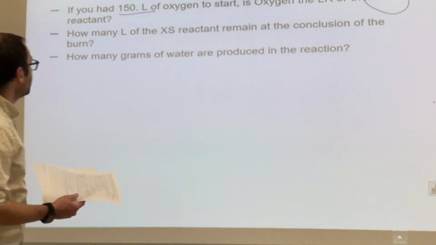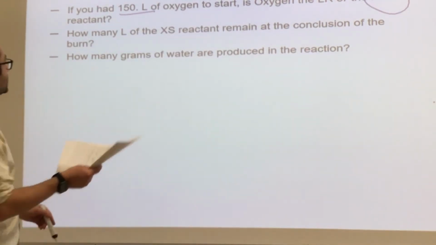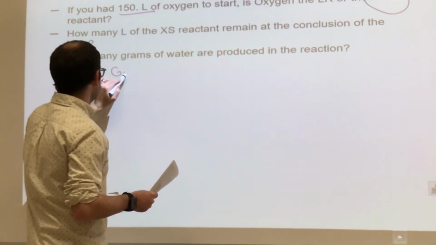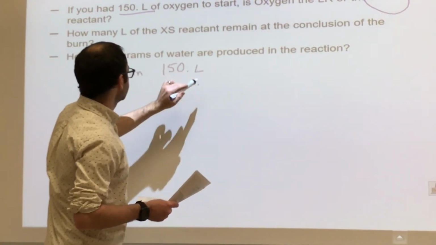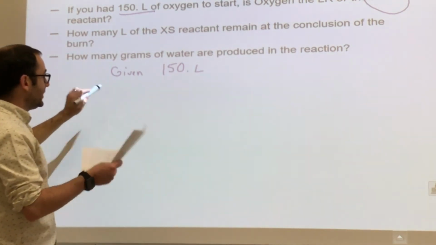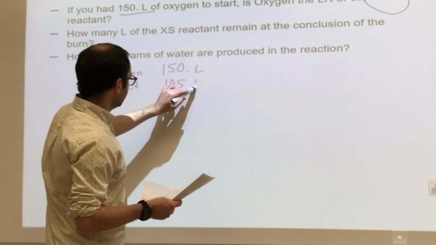All right. How many liters of the excess remain at the conclusion of the burn? So at the end of the reaction. What do we do here? Subtract. Subtract, right. Can we just subtract right now, or do we need to do a conversion? We can just subtract, right? Because the given is 150 liters of oxygen, and then we know we need 105 liters of oxygen.